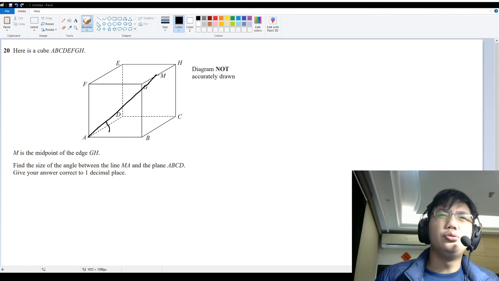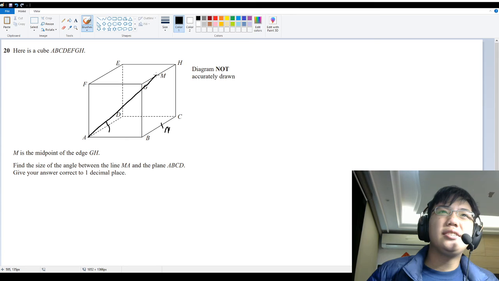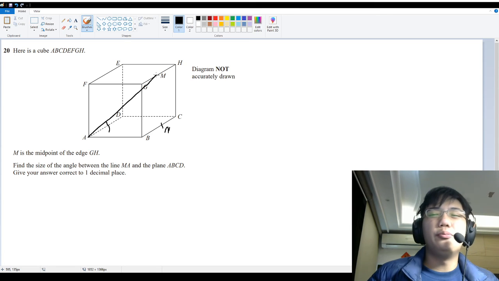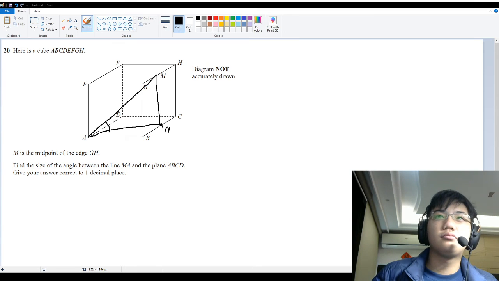What we need to do for this question is add another point to our cube, point N, which is the midpoint between B and C. M and N can be connected by a straight line. As a result, we can draw a line from A to N, and we have a right angle triangle.